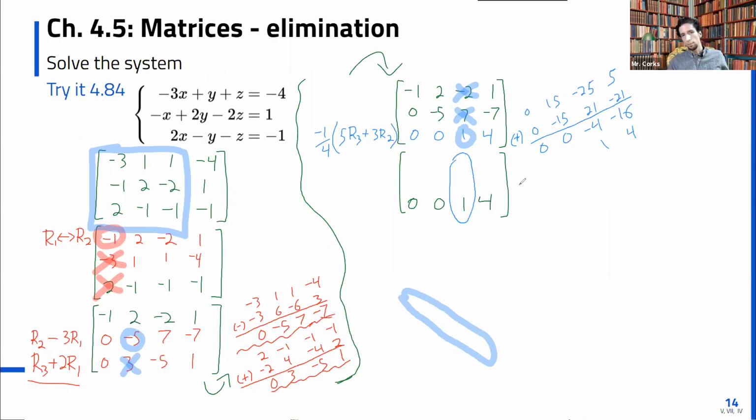Looking at this column, we have a 1 in row 3, we have a 7 in row 2, and we want that 7 to disappear. Does anyone see the operation we could do?